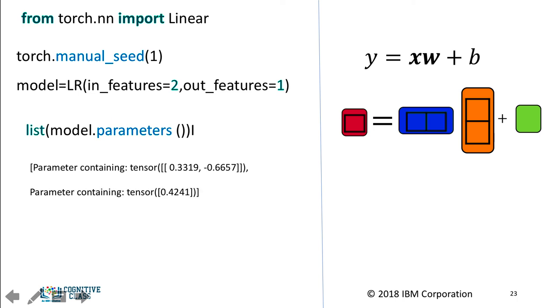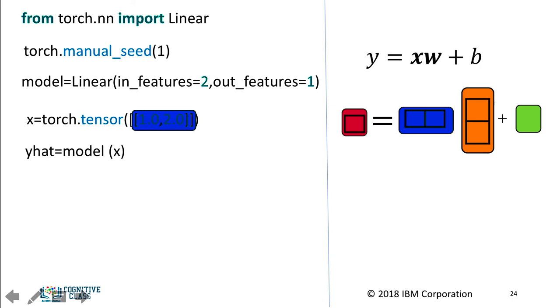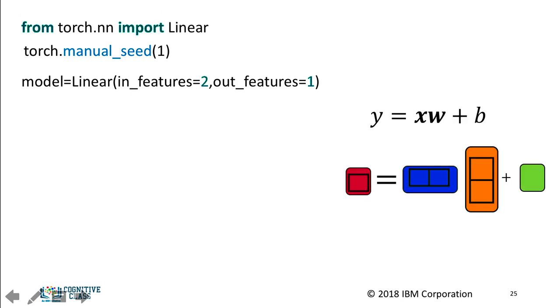We can view the model parameters, and we also have the bias term. We can input a tensor with 1 row and 2 columns, and we input it to our object, and the result is a 1-dimensional tensor.